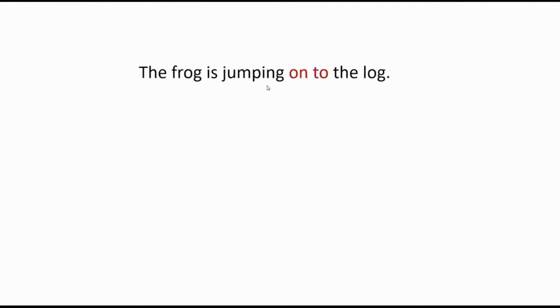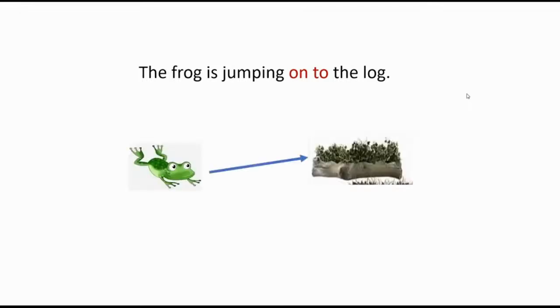The frog is jumping onto the log. So this means that the frog is jumping to the top surface. So the destination is the top surface of the log here.